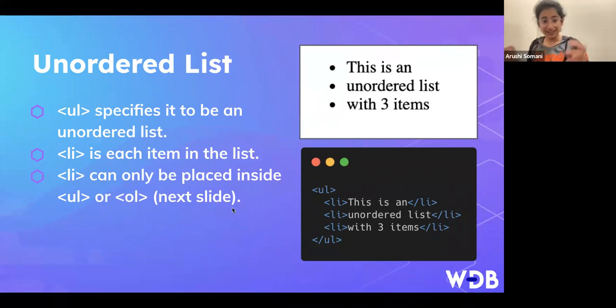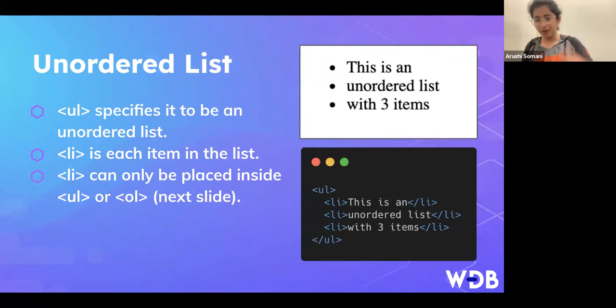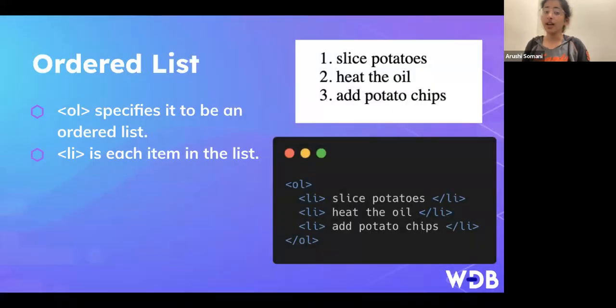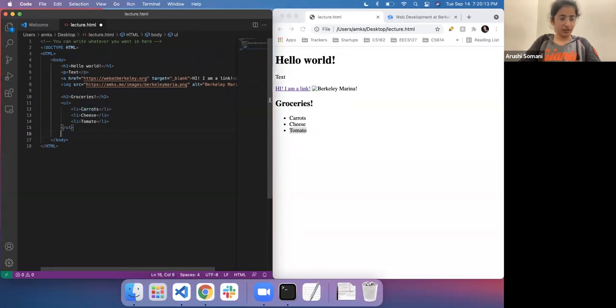An LI, which is a list item tag, can only be placed inside a UL, which is an unordered list, or an OL, which is, well, an ordered list, as you may have guessed. The unordered list is your bullet point format. Your ordered list is your number format. So let's also make an ordered list.